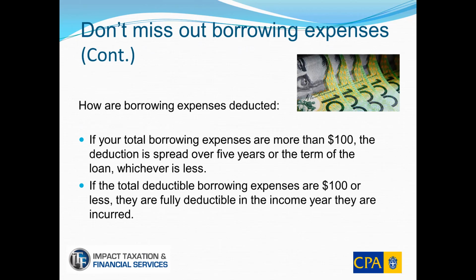If it's more than $100, it has to be amortized over 5 years or the remaining term of the loan. So if the remaining term is 3 years, then you claim it over 3 years. But normally a residential loan covers 20, 30 years, so 5 years is the most common period over which you're going to amortize borrowing expenses.